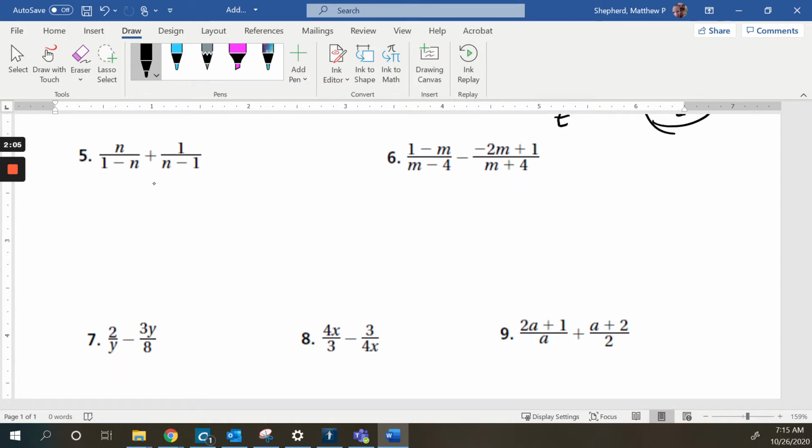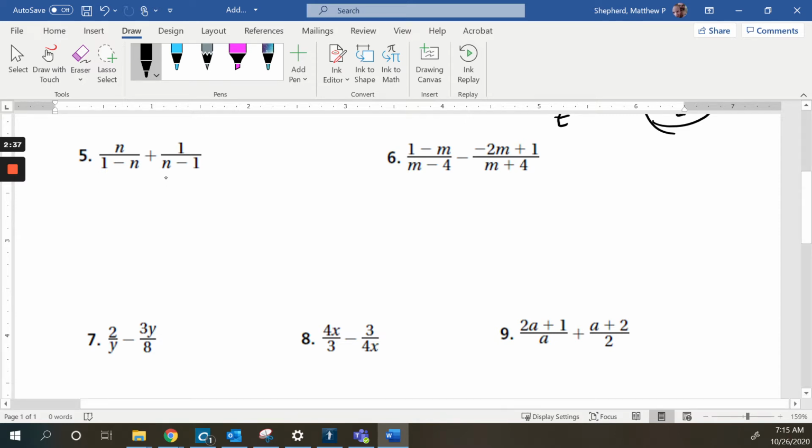Now, the difference between this minus and that minus: here we have a positive 1, on the right we have a negative 1. Here we have a negative n, over there we have a positive n. That's enough of a change to make it so that I cannot just add those numerators straight across. Something needs to happen. So here's what I'm going to do to this first fraction.